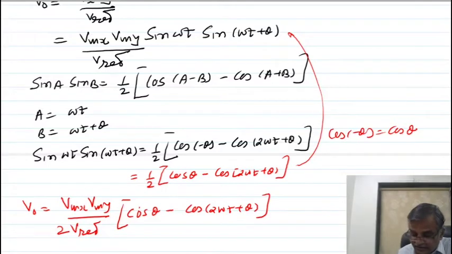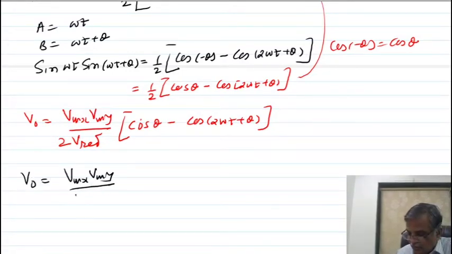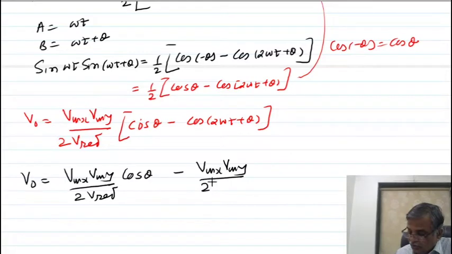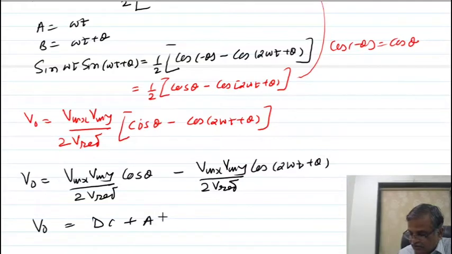That is, Vmx Vmy upon 2V reference into cos of the phase angle, minus Vmx Vmy upon 2V reference into cos 2 omega t plus theta. See, the output voltage equation is DC plus AC.